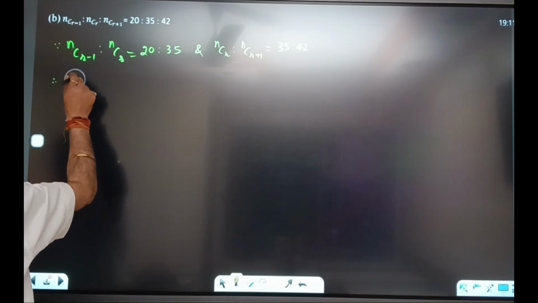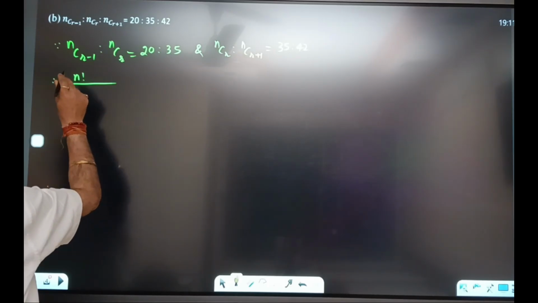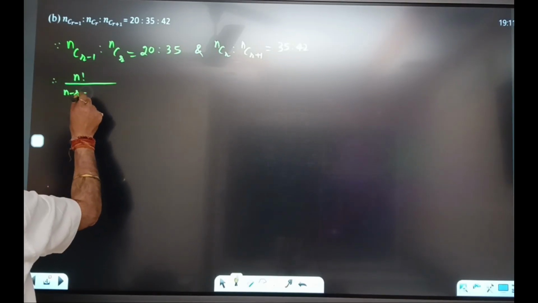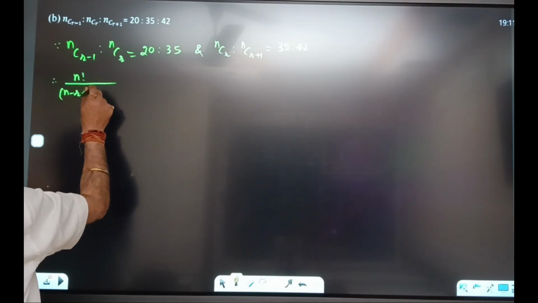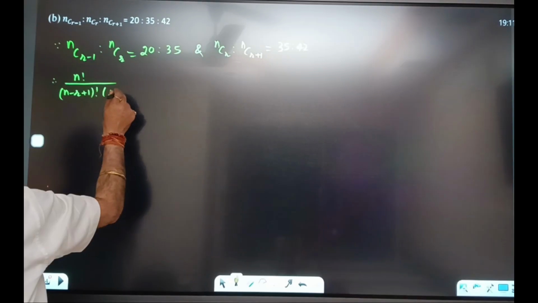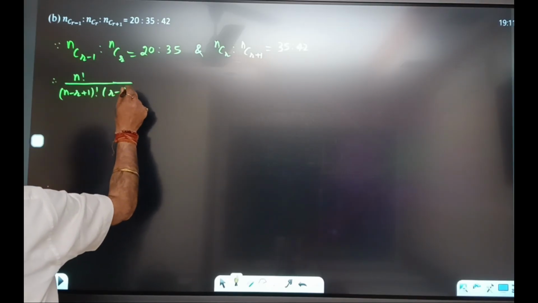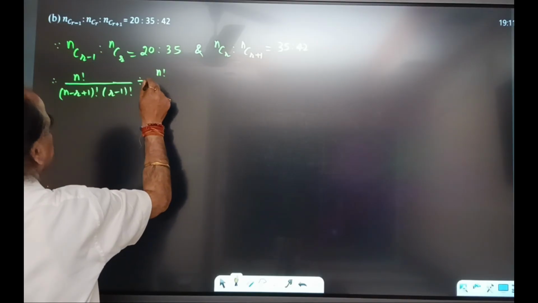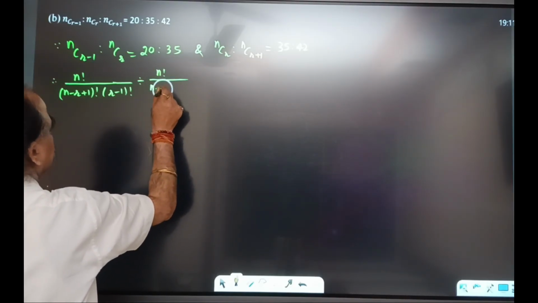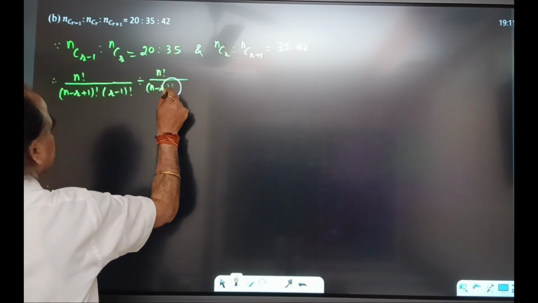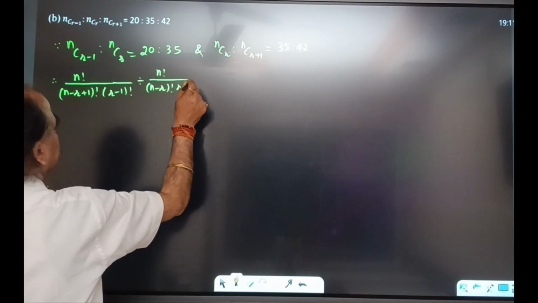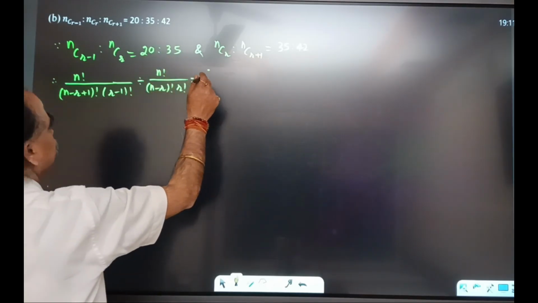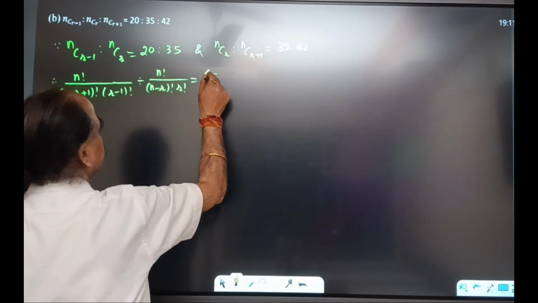So this will give n factorial upon (n minus r plus 1) into (r minus 1) factorial, divided by n factorial upon (n minus r) factorial into r factorial, is equal to 20 upon 35; we can cancel 4 by 7.